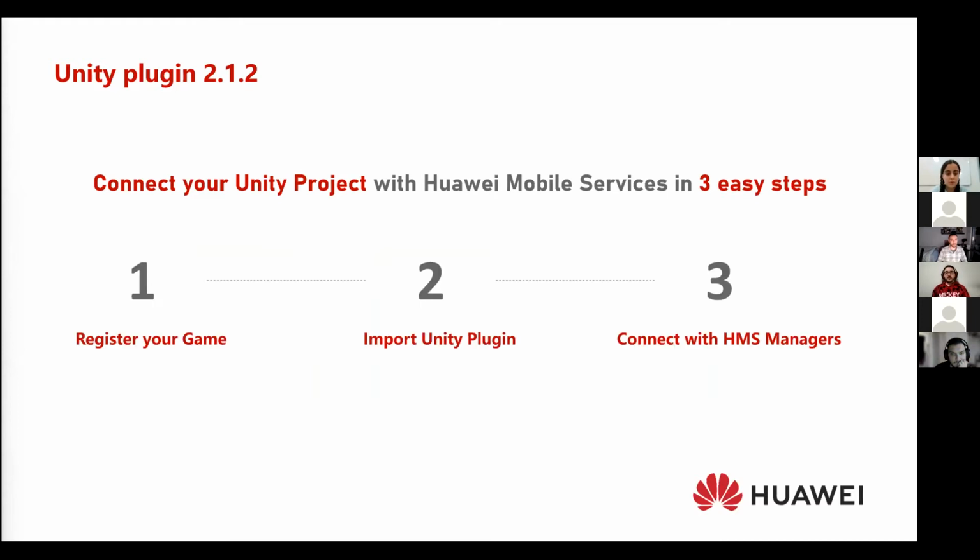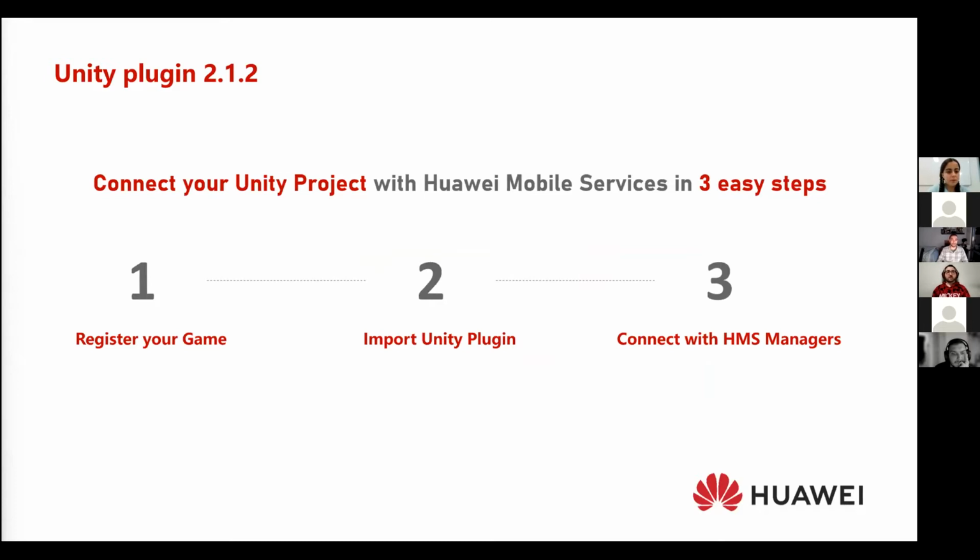Let's go back to the top side, the user side. Let's say you are a user of the plugin and you want to make a Unity project. You can integrate the Unity plugin in 3 simple steps. Actually, we are going to hear these 3 simple steps lots and lots more. First, you need to go to the Huawei developer website and register your game.